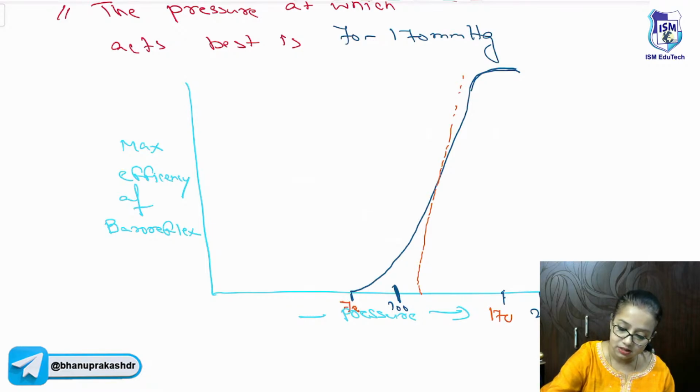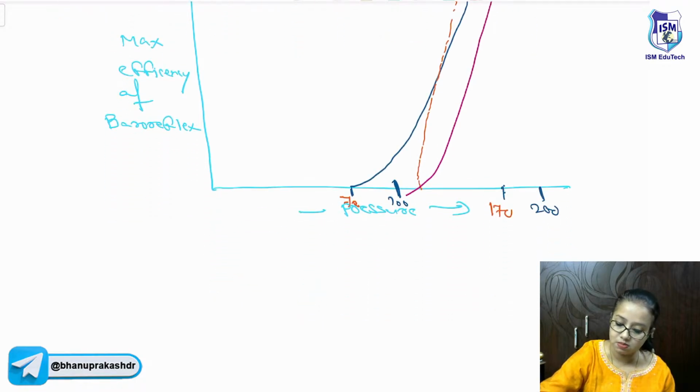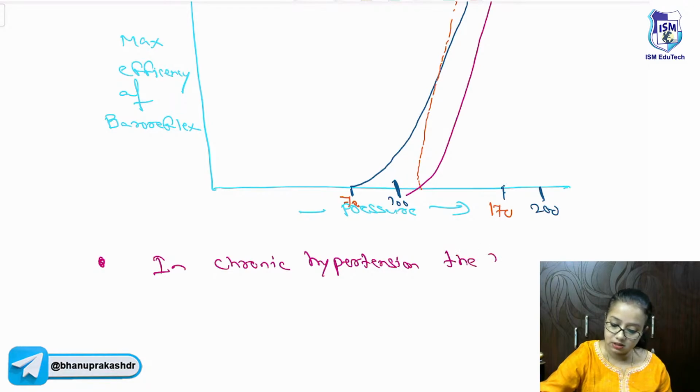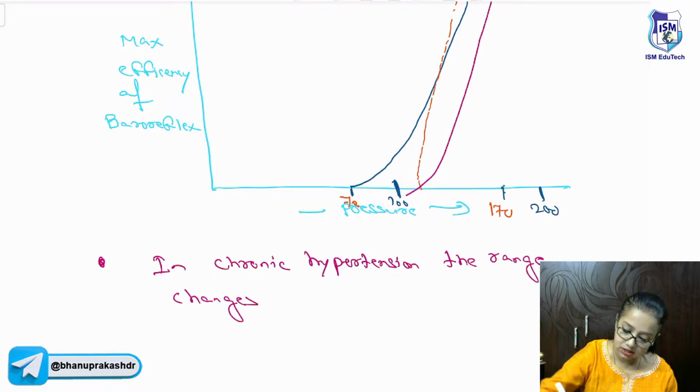This curve shifts towards the right, and the range changes to 100 to 200 mmHg.